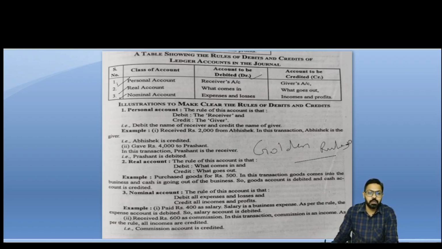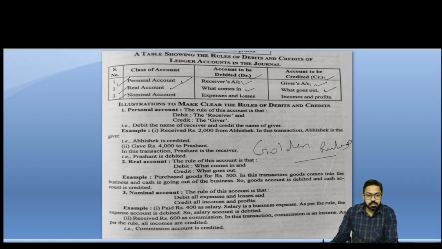And we already know about debit and credit. So whenever you talk about the personal account, the receiver is always debited and the giver is always credited. Real account: what comes in the business is debited, and what goes out from the business is credited.